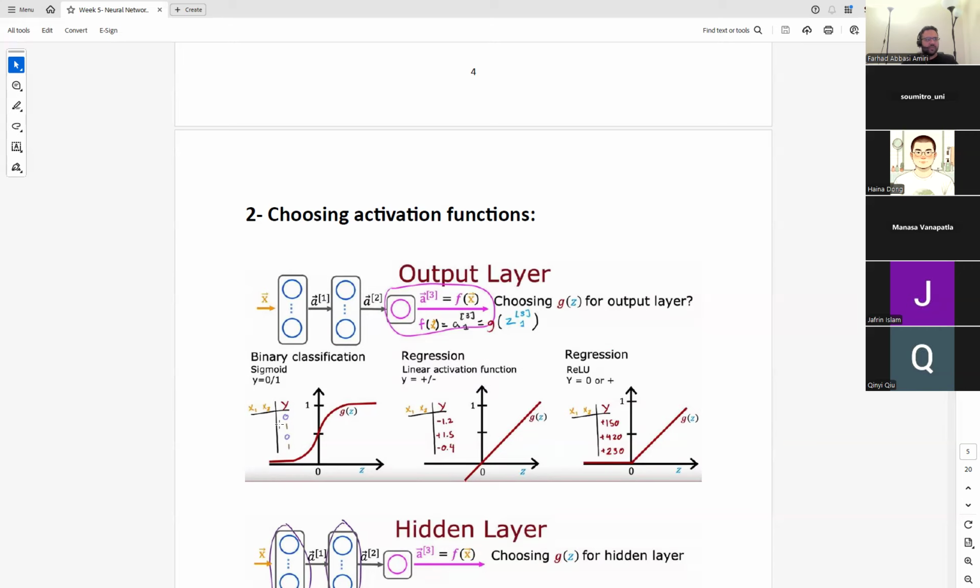We use the sigmoid function as an activation function when our application is binary classification, 0 or 1, cancerous or non-cancerous, cat or not cat, right? When your output or target, you see Y here, is 0 or 1.